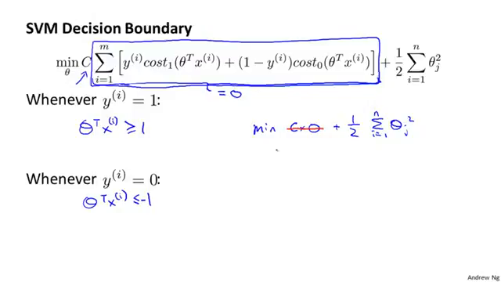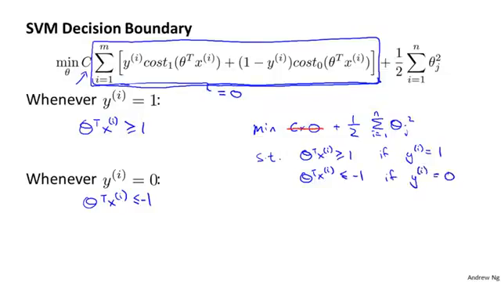This will be subject to the constraint that theta transpose x i is greater than or equal to 1 if y i is equal to 1, and theta transpose x i is less than or equal to minus 1 whenever you have a negative example.